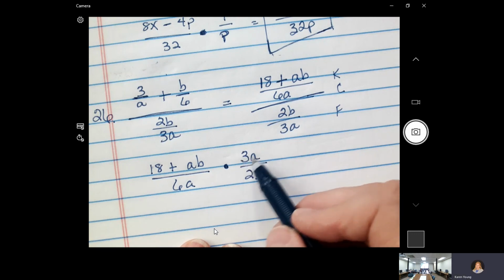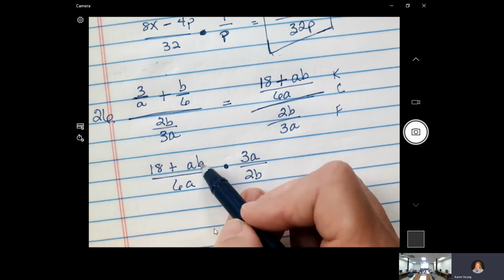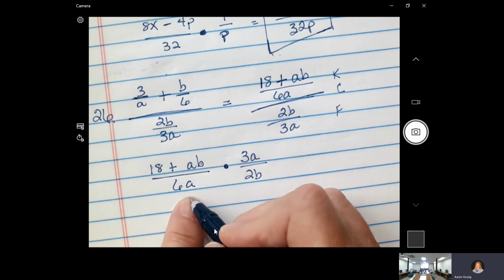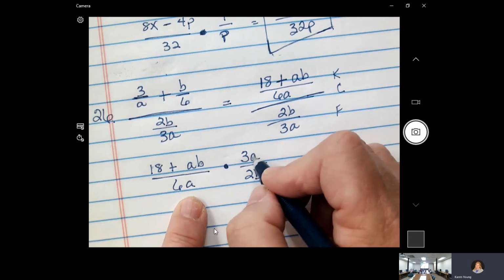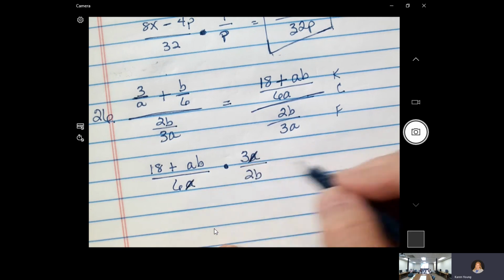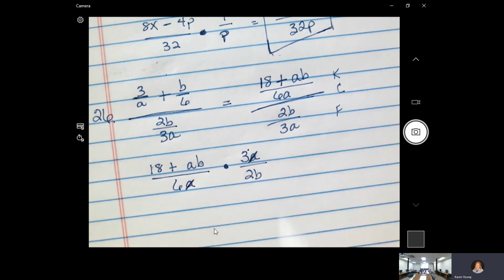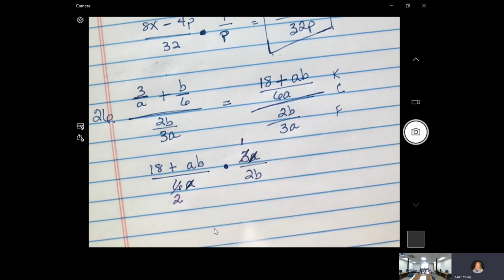If I've got something on top that'll go into something on bottom, I can reduce it. Now I can't do the b into the b here because of the plus sign on the top. But since it's just a 6 times a and a 3 times a, I can cancel that. So my a's will cancel because I got 1 on top, 1 on bottom. 3 goes into 3 1 time. 3 goes into 6 2 times.